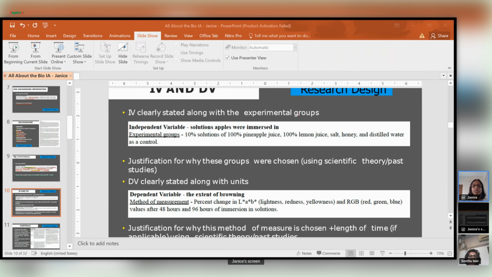The lemon juice, the pineapple juice, the salt, the honey, and the distilled water will act as a control. Why do I have to take a control? Because control is something with respect to which I will understand whether it has increased or decreased.